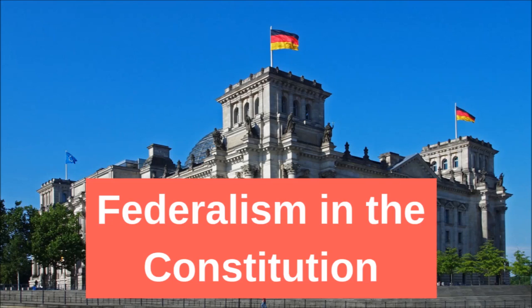The division of responsibilities between the federal government and the states is dealt with in Articles 70 to 74 of the Constitution. The assignment of state administrative tasks is governed by the Articles 83 to 87 of the Constitution.